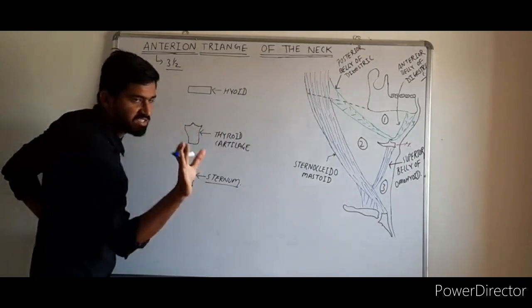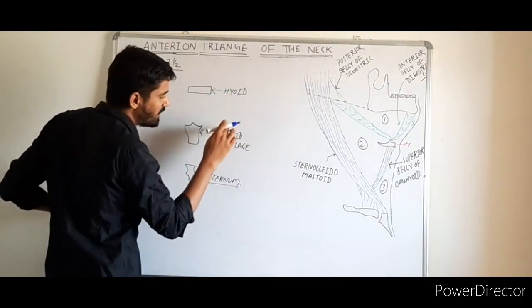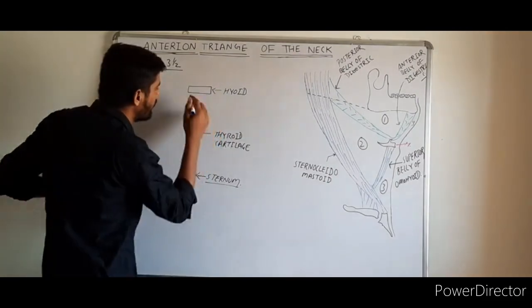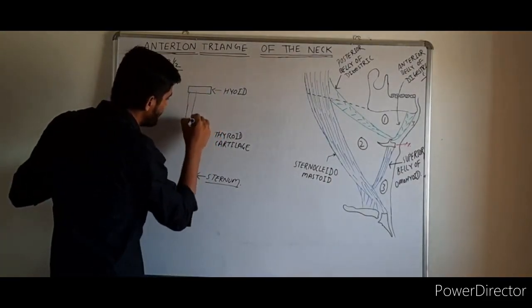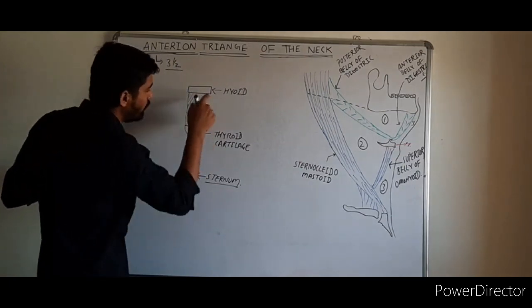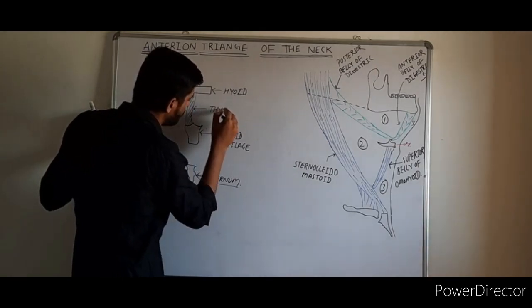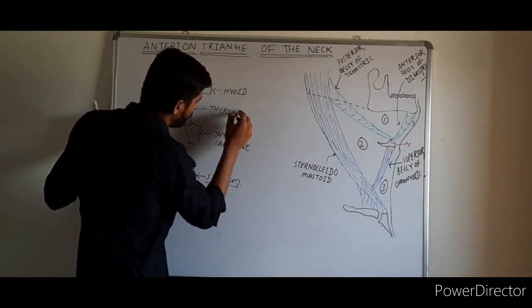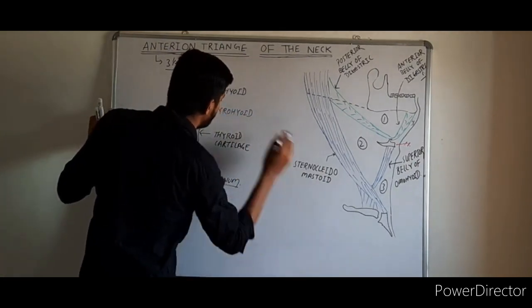Just for understanding: the muscle between the hyoid and thyroid is called thyrohyoid muscle.